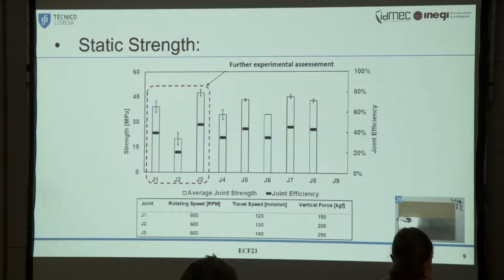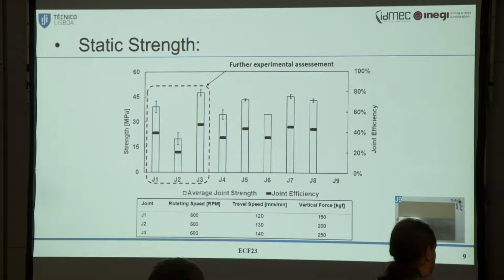In terms of the static results, we can observe here that not all 9 joints were produced. Why? Because with the parameters used, it was impossible to weld. Looking at this result, we can see that the best result was obtained for joint number 3 with these parameters.